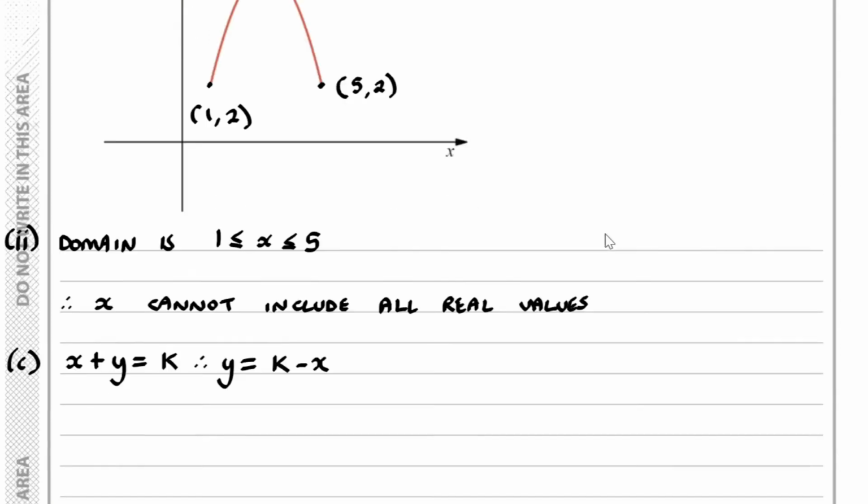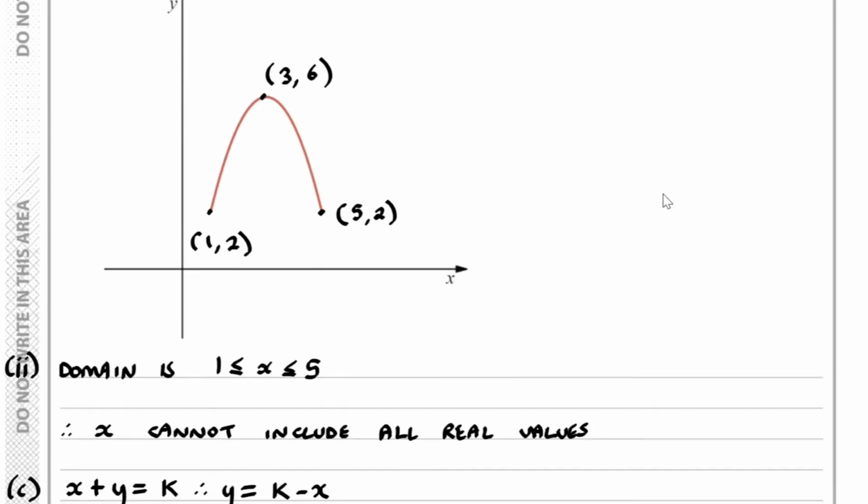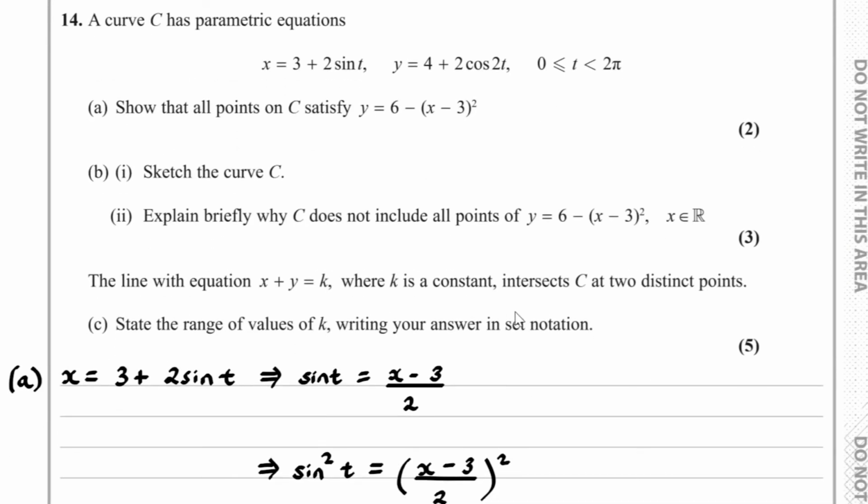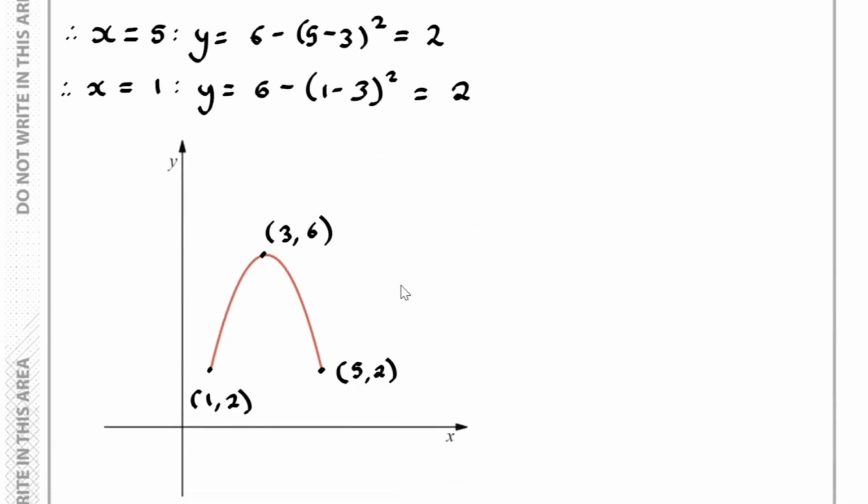Now what's it talking about when it cuts at two distinct points? Well, if we go back to the question, if it cuts at two distinct points, that means that the curve and the line would intersect somewhere here. Here I've got the line, and here it intersects at two distinct points, here and here.